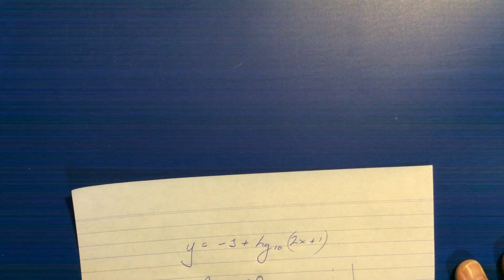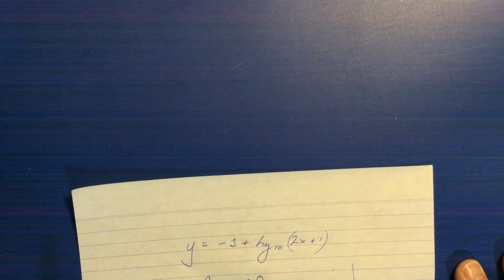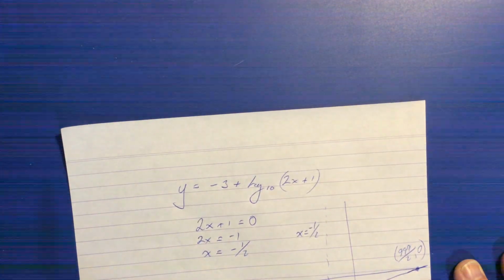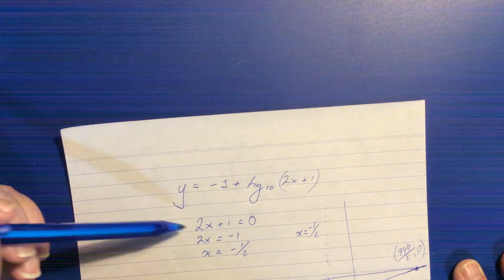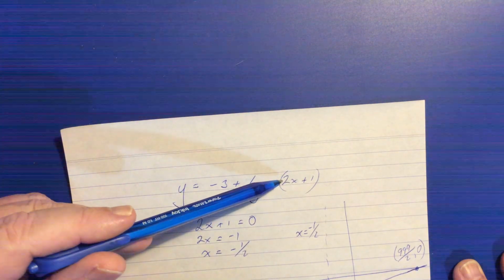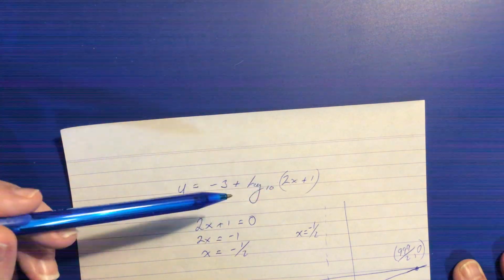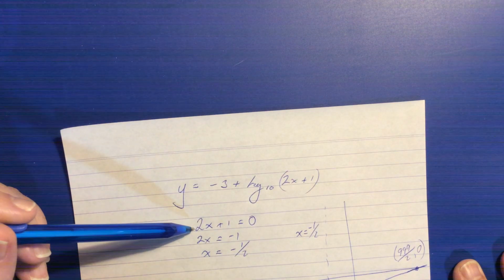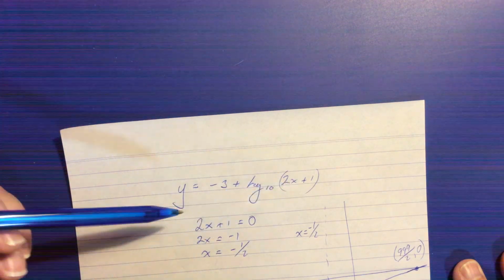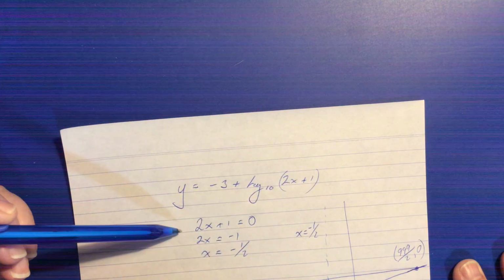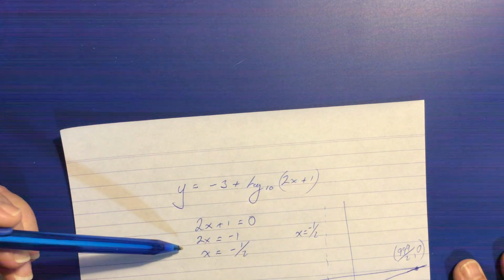So let's go to work. Well, actually, I've been to work, I've done the problem, and I'll talk you through it. So in order for this to exist, this must be greater than 0. So let's find out what value of x gives us 0. This is incredibly simple mathematics.